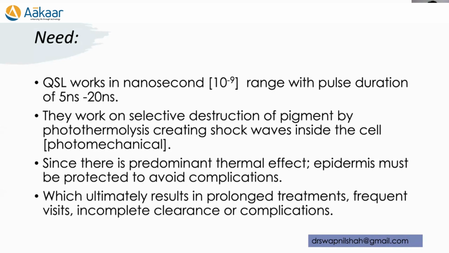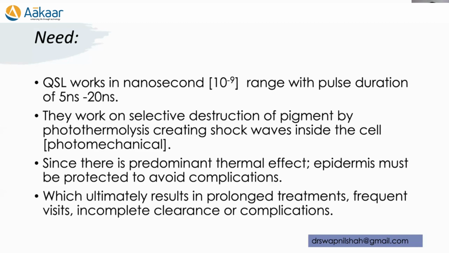When you have a Q-switch laser which works in the nanosecond range, the pulse duration here is 10 raised to minus 9. And most of these lasers now have a pulse duration between 5 nanoseconds to 20 nanoseconds. Q-switch lasers, we know, work on selective destruction of pigment by photothermolysis.